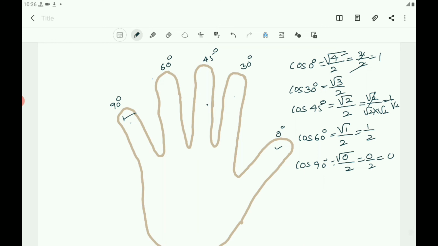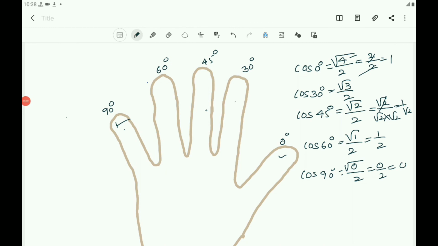If there are 2 fingers, root 2 by 2. If there are 3 fingers, root 3 by 2. If there are 4 fingers, root 4 by 2. Like this way, we have to use the trick to find the values of the trigonometric ratios of 0 degree, 30 degree, 45 degree, 60 degree, 90 degree for sine and cosine.